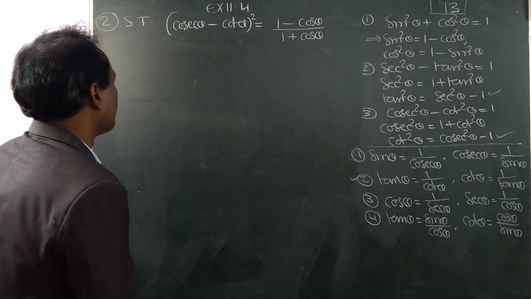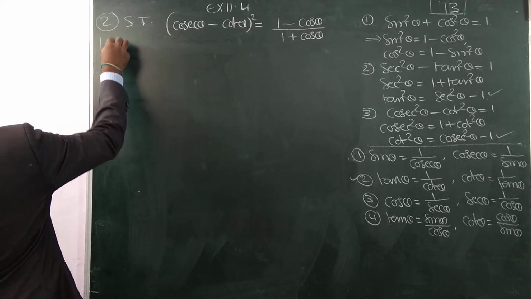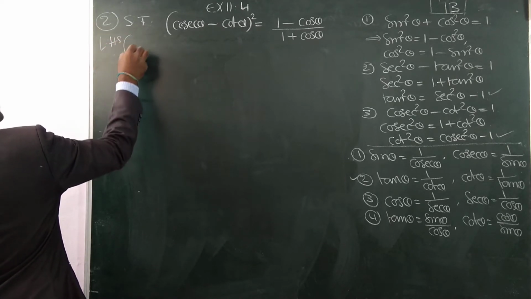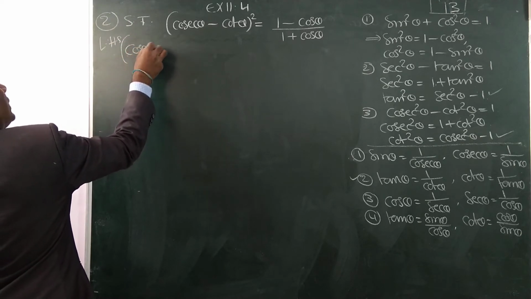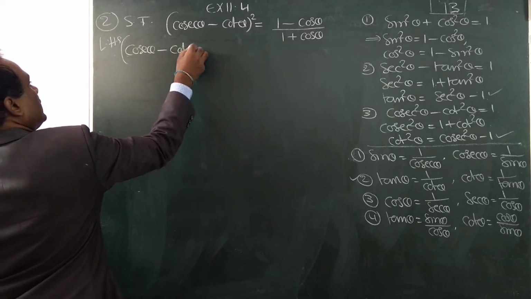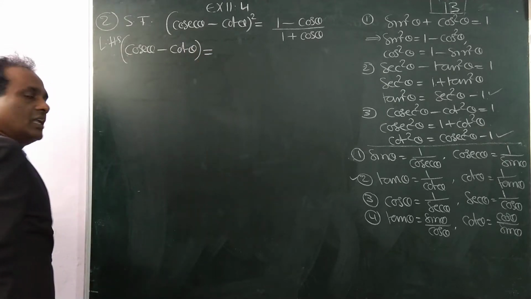How to do it? I am taking the LHS, left hand side: cosecant theta minus cot theta.